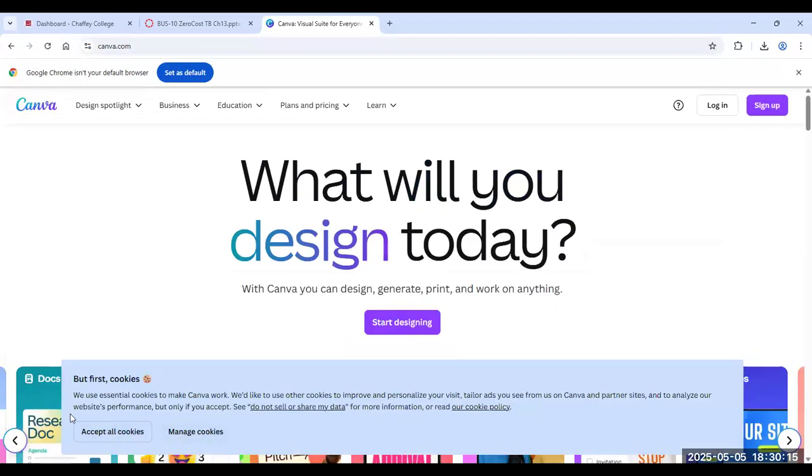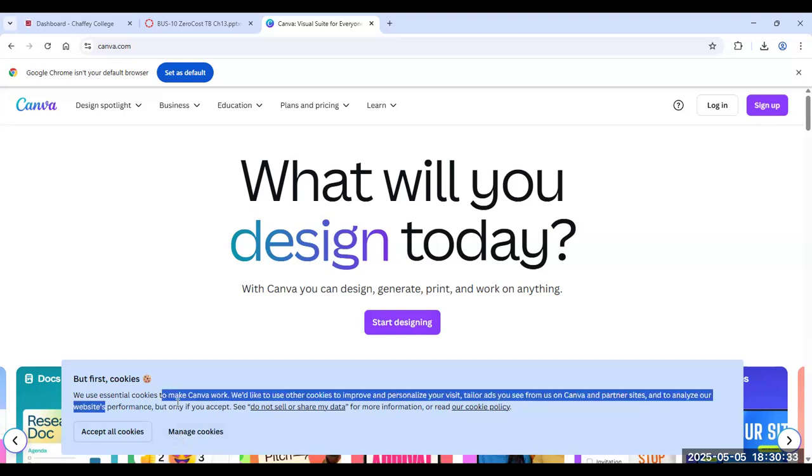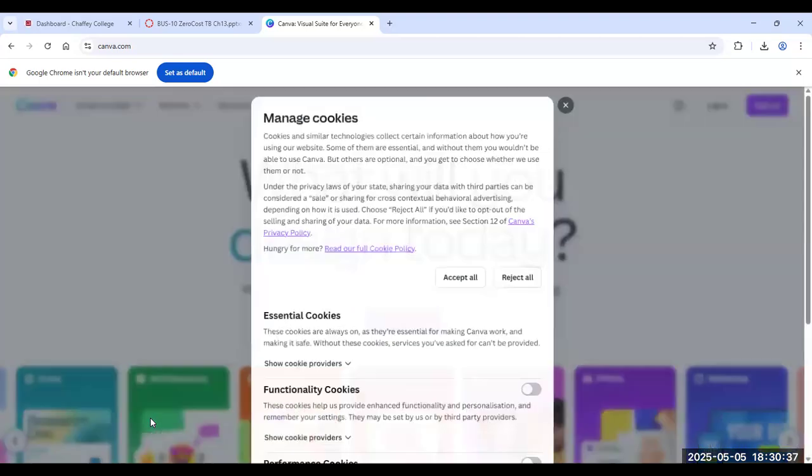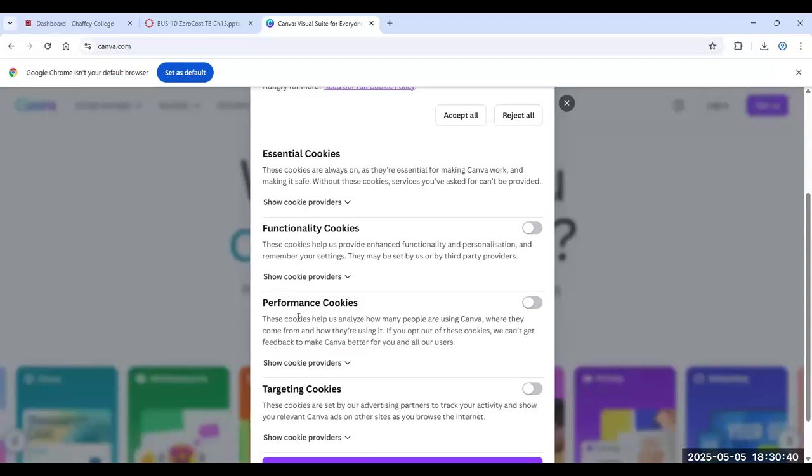Do you see where it says, "We use essential cookies to make Canva work. We'd like to use cookies to improve and personalize your visits, tailor ads you see from us on partner sites"? So they collect information from you so they can use it somewhere else, to analyze our website performance, but only if you accept. You can manage the cookies, and you'll see what these cookies actually do.